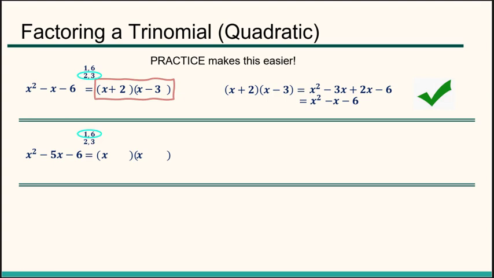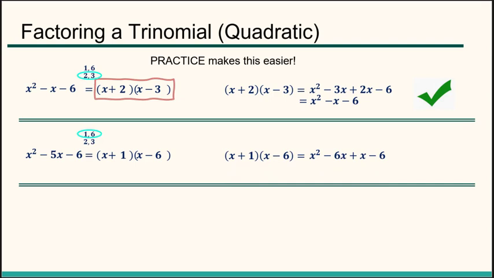You put an x and an x down. I put a plus and a minus, because that's the only way to get a minus 6 back here. And then I want the biggest number to be negative, because that's how I can get that minus 5. So I'm going to put the negative with the 6, and then I'm going to check. Do this every time.